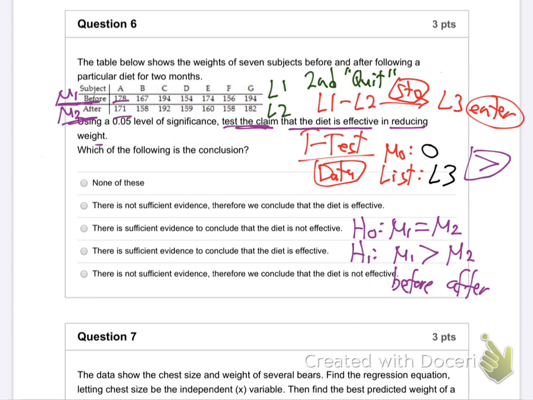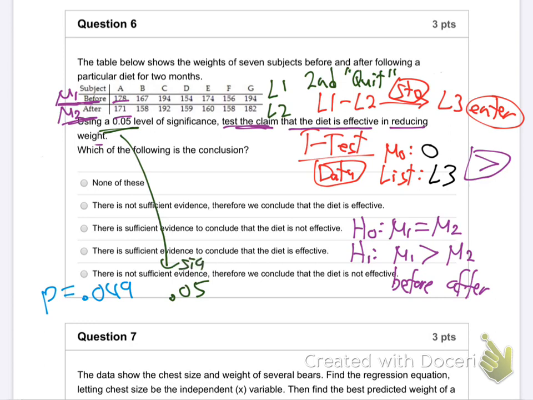Okay, so that means right here I choose the greater option when I'm doing the test, and I calculate. And I'm getting a p-value of 0.049. So what does that mean? Did you guys get that p-value? 0.049. The significance level is 0.05.